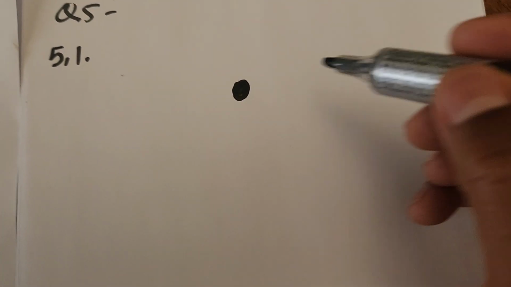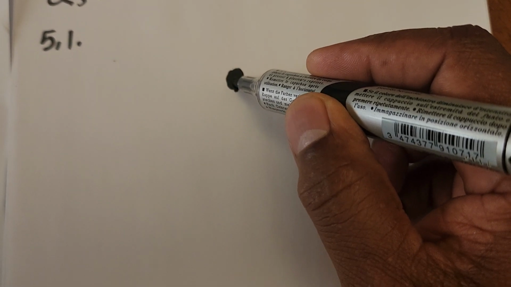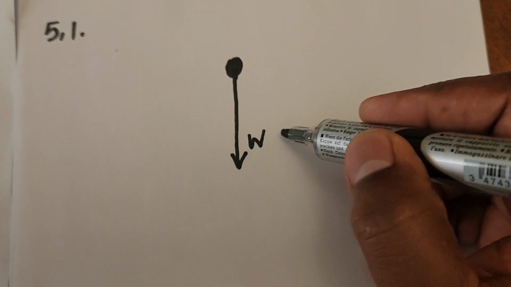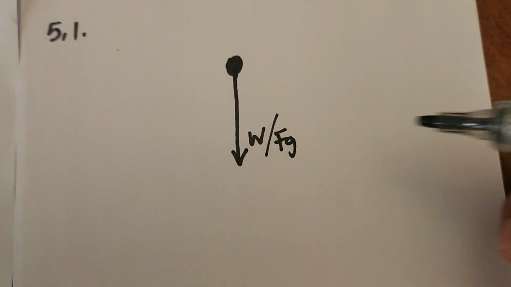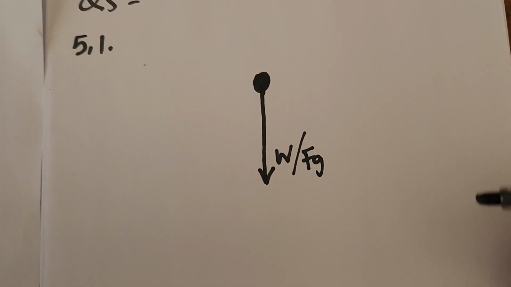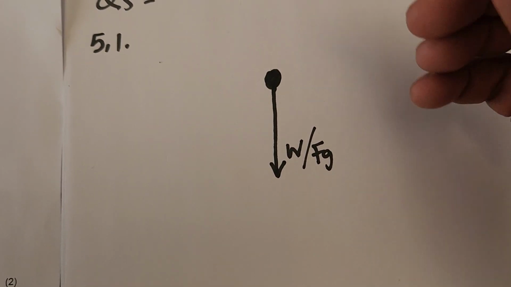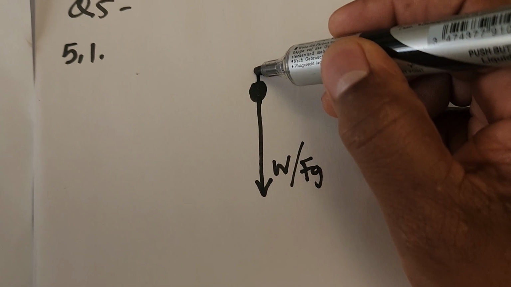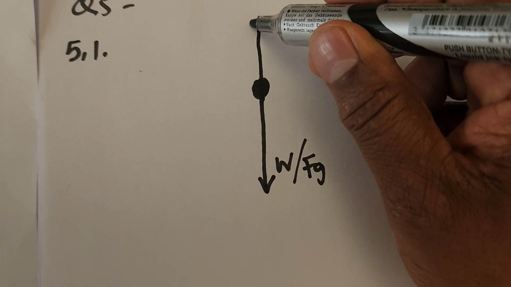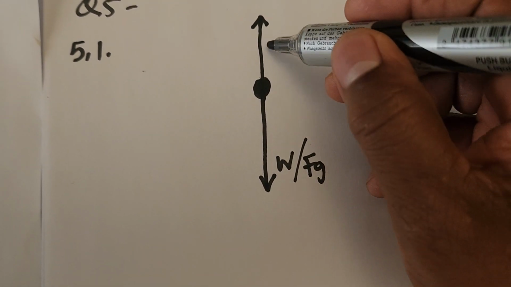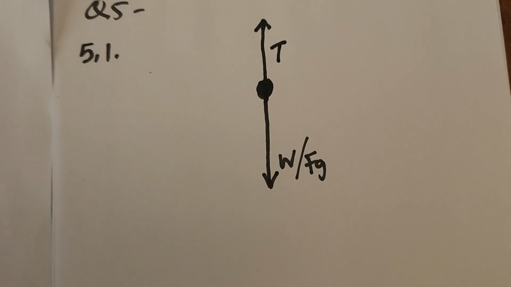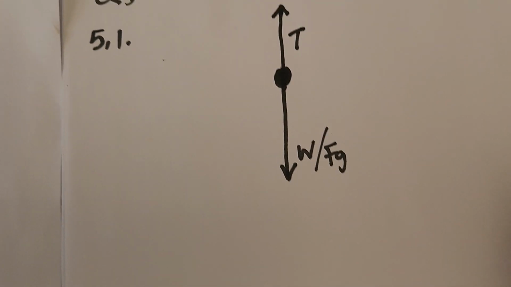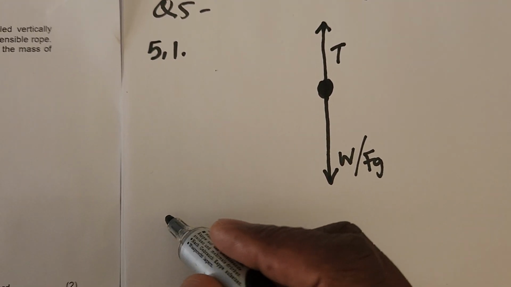All free body diagrams, don't forget, 1 mark for the weight, or you call it FG, gravitational force. And the second mark, because there's a rope that is pulling the load, then when you see the rope, know that in this section of the free body diagram, the rope, the cable, will now be representing the tension. These are the 2 forces. You get 2 marks if you write it in this manner.